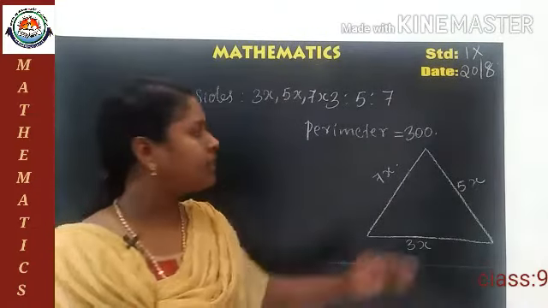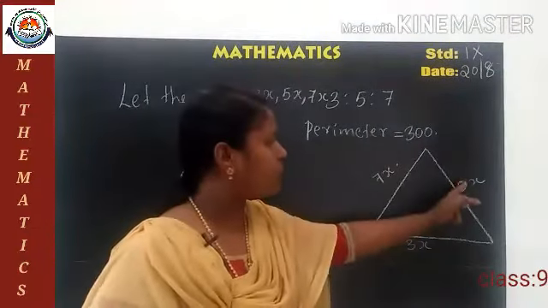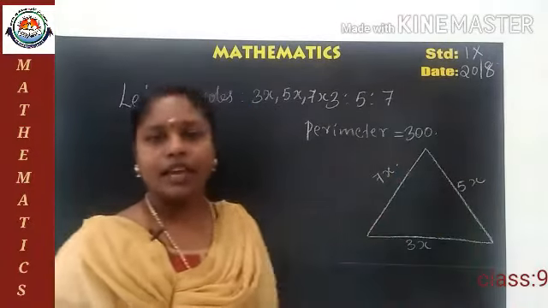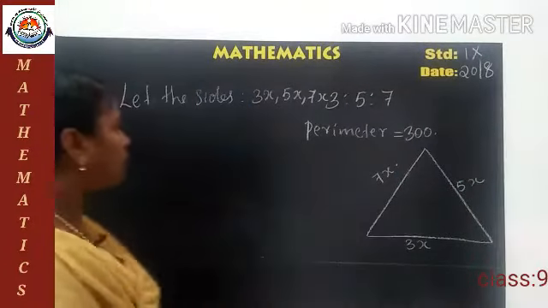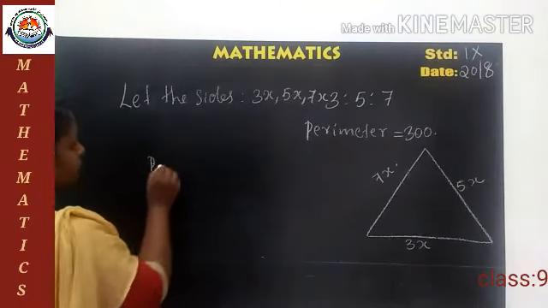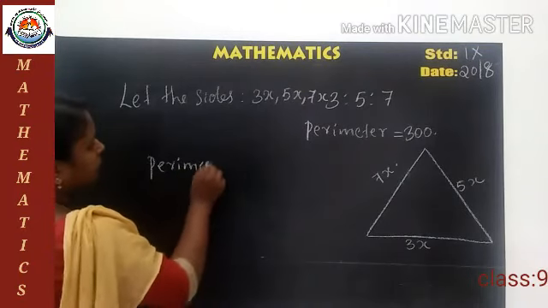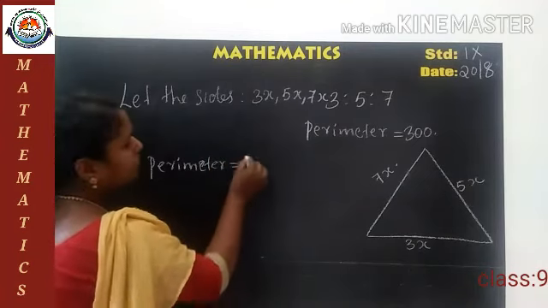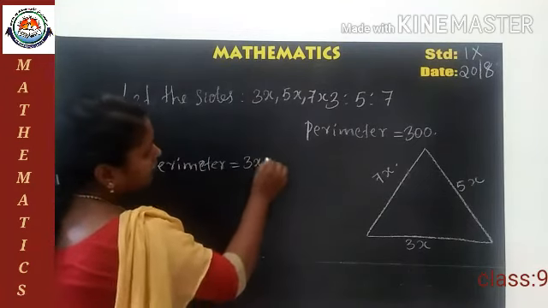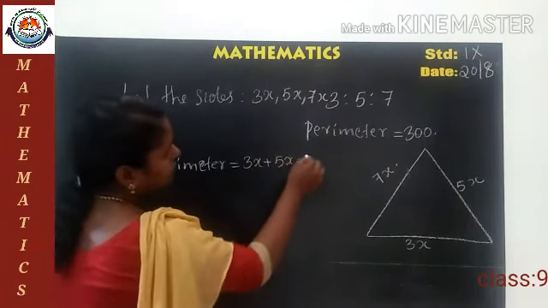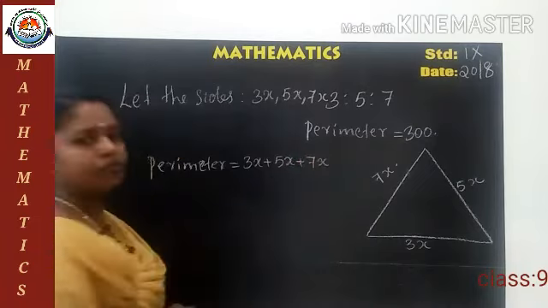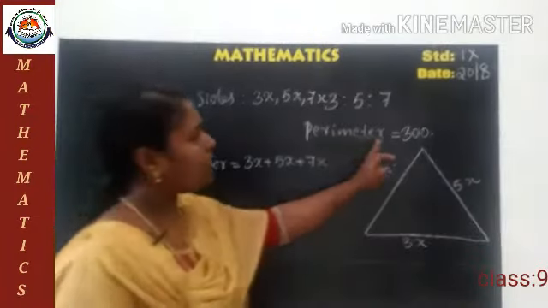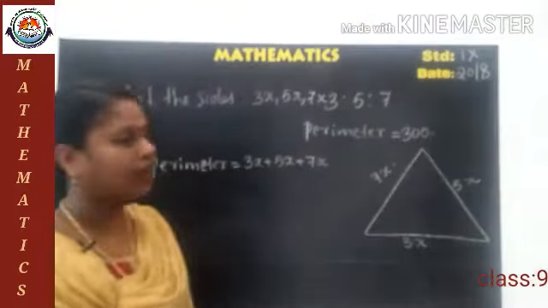Perimeter means sum of the three sides. So perimeter is equal to 3x plus 5x plus 7x, and that perimeter is given as 300.